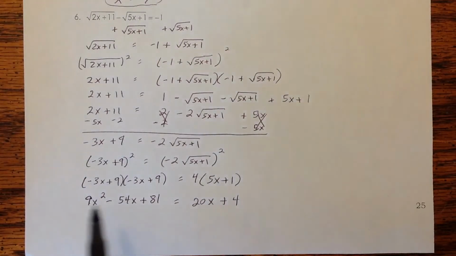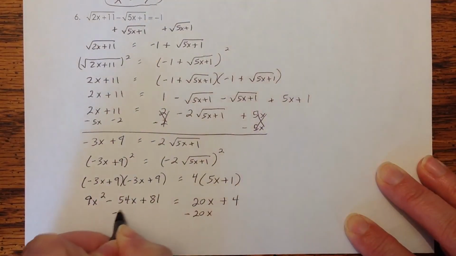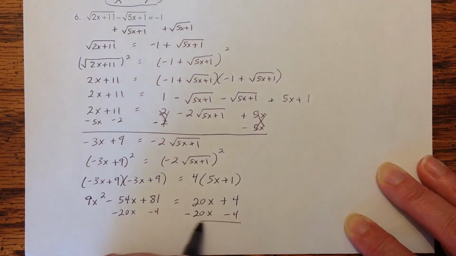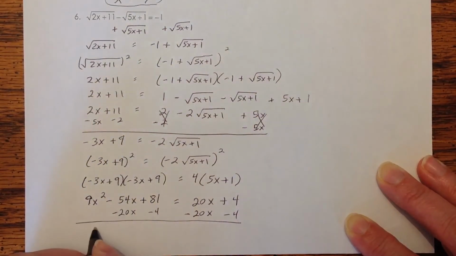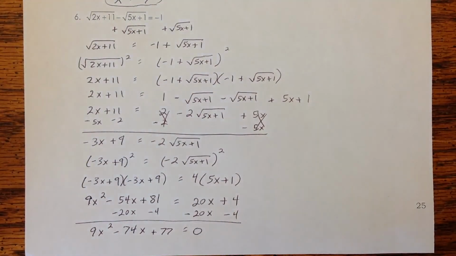We want to set this equation to 0. I'm going to subtract 20x and I'm going to subtract 4. I end up with 9x squared minus 74x plus 77 equals 0.